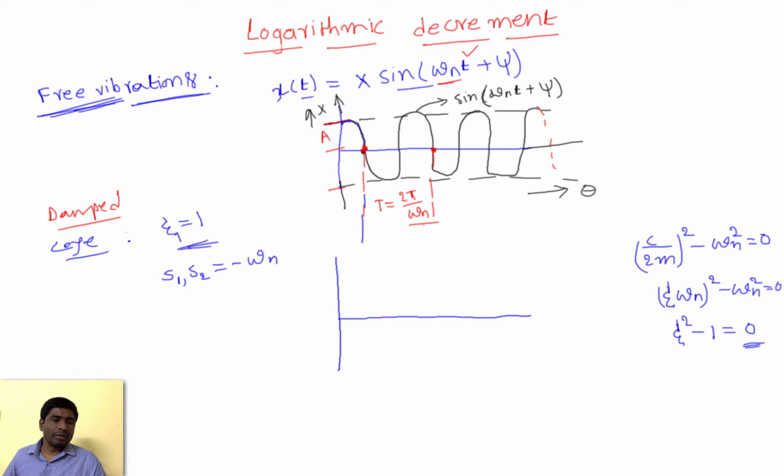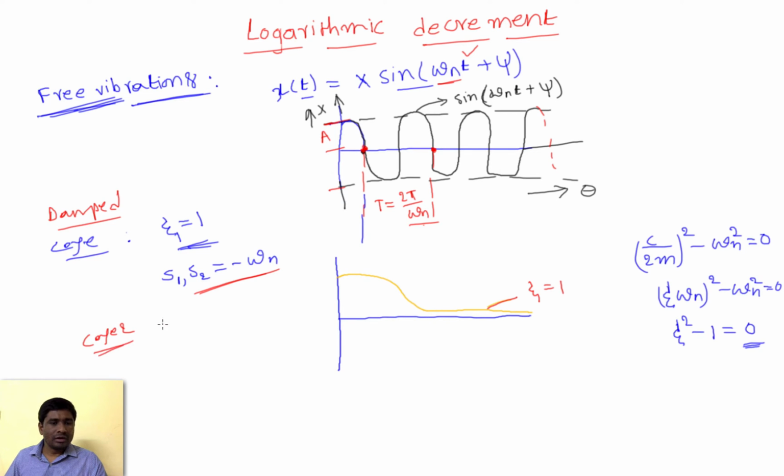Let's say this is the curve, exponentially dying, going like this, when xi equals 1.